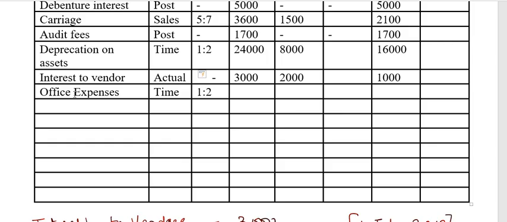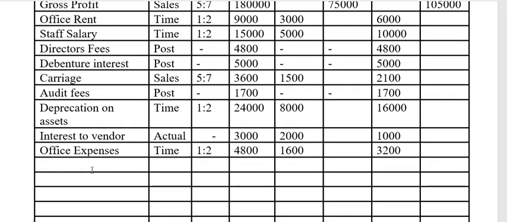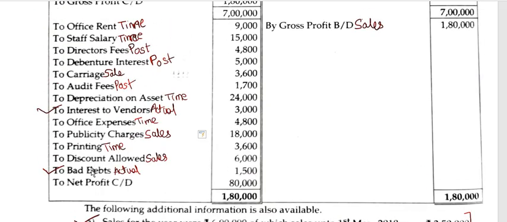Total of office expenses is 4800. So for pre-incorporation, out of 4,800, 1,600 it will be of pre, and remaining 3,200 is of post-incorporation.